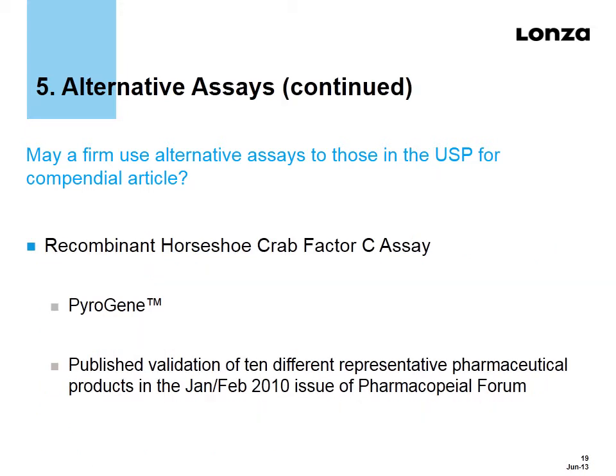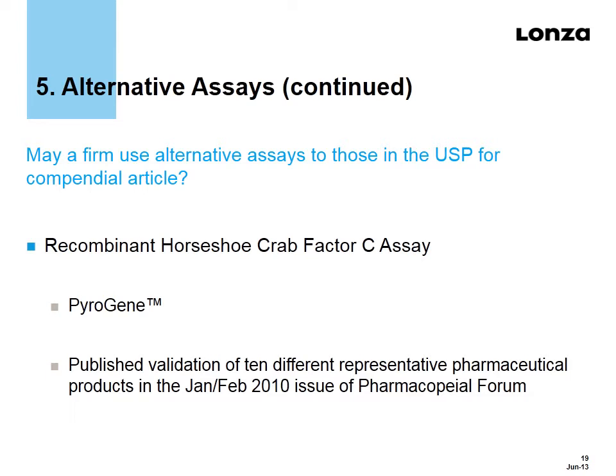The guidance document goes on to state that recombinant horseshoe crab factor C assays may also be used. An example of such is Pyrogene. Bruce Loverock, Barry Simon, Alan Baines, and Allen Burgenson have already published the validation of 10 different representative pharmaceutical products in the January-February 2010 issue of Pharmacopoeia Forum, the official journal of the United States Pharmacopoeia.